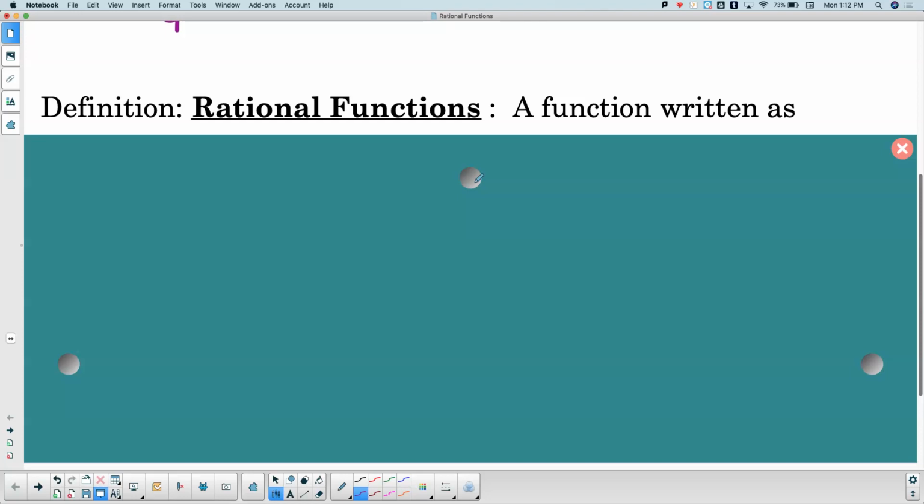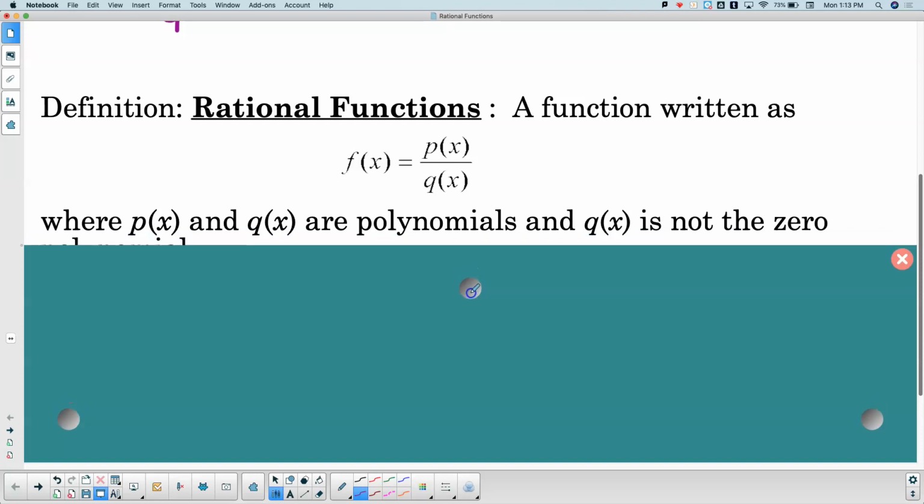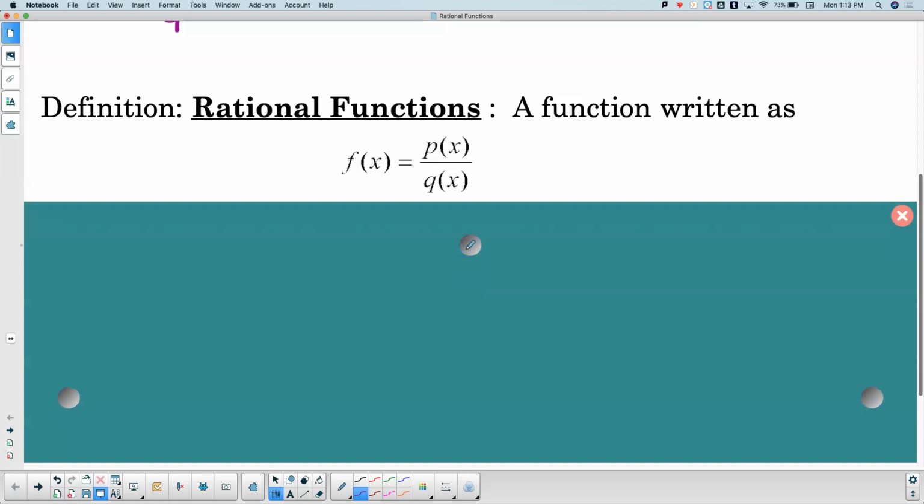If a rational number is a fraction, what's a rational function? A function written as a fraction. Yep. So it's a function written as a fraction, where it's got a function for a numerator and a function for the denominator.